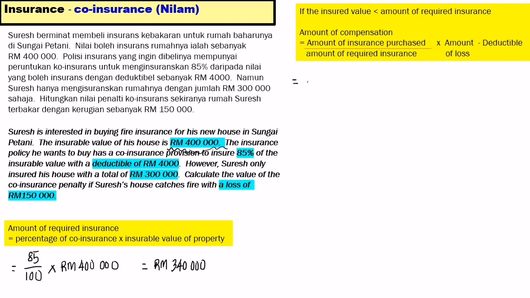So now amount of insurance purchase is this one, 300,000, over the amount of required insurance, here the first part, which is 340,000. Multiply amount of loss is this one, 150,000. Minus the deductible, which is 4,000 ringgit.